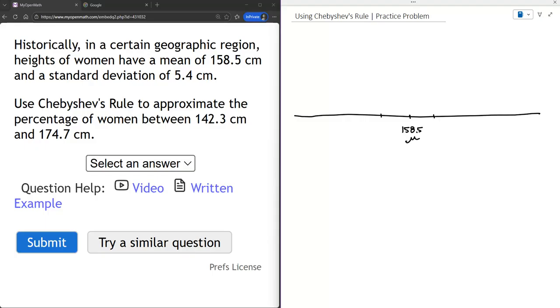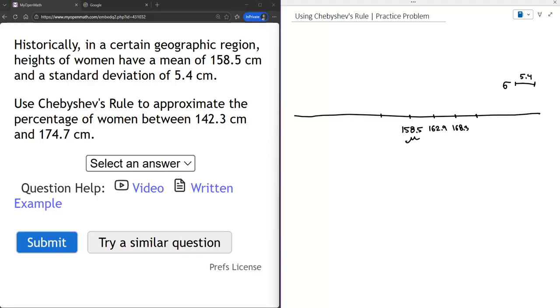So this is our mean, our sigma, our measuring stick, is equal to 5.4, and we're going to add 5.4, and it's equal to 162.9. We add another 5.4, we get 168.3.